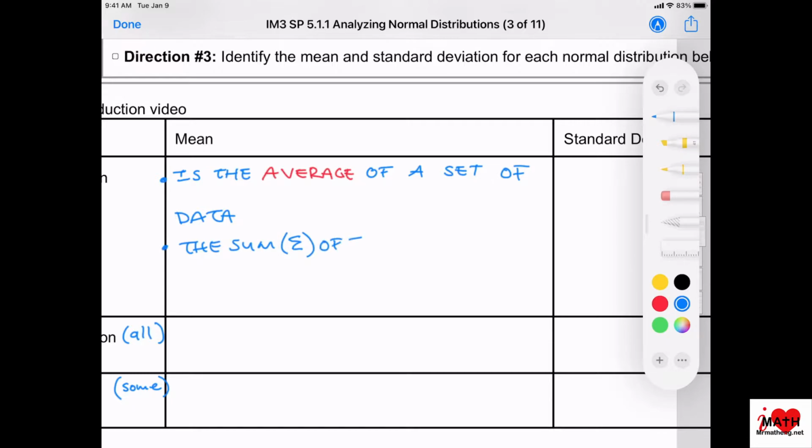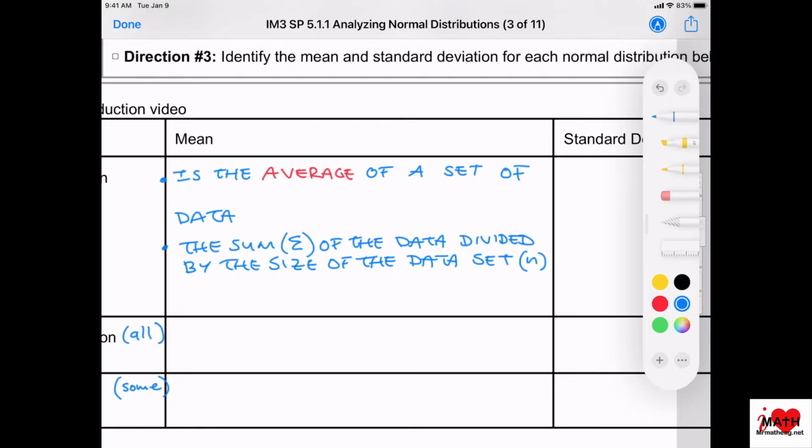Sum of the data divided by the size of the data set. And that would be a lowercase letter n.